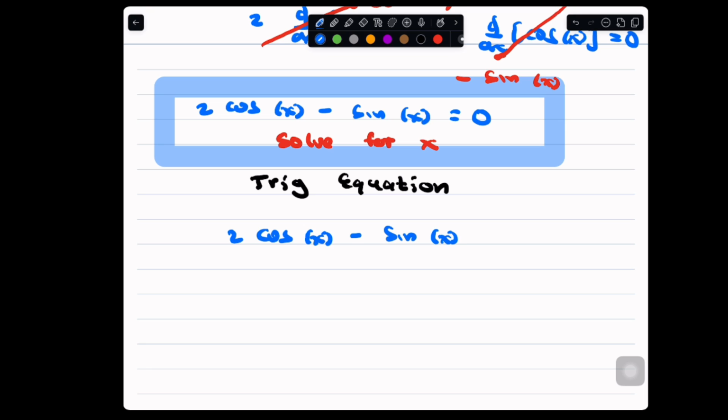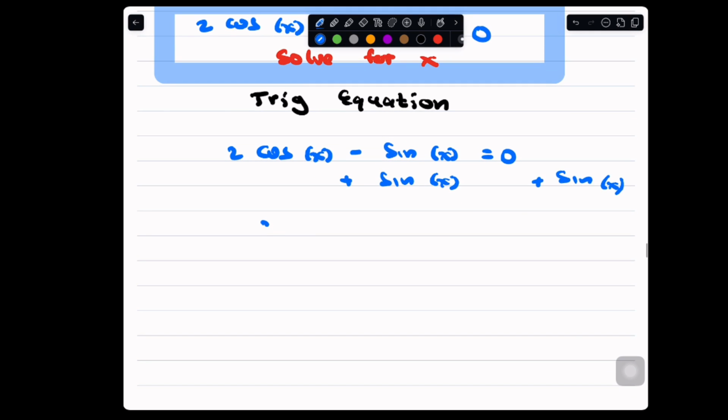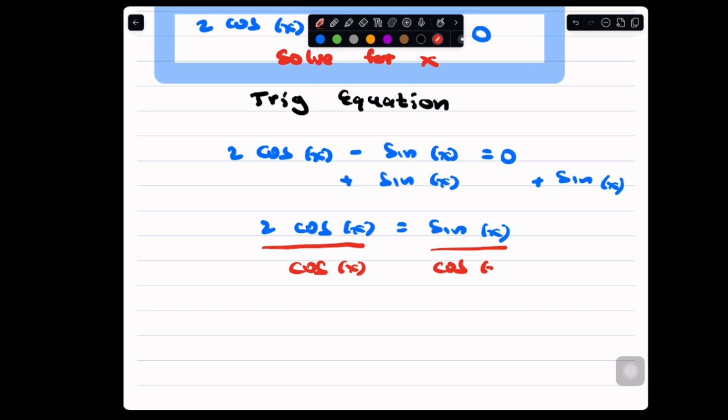So if you guys recall, you can add sine to both sides, and you end up getting 2 cosine x is sine x. I'm going to divide both sides by cosine, and I'm going to use a nice identity. On the left side, you got cancellation.